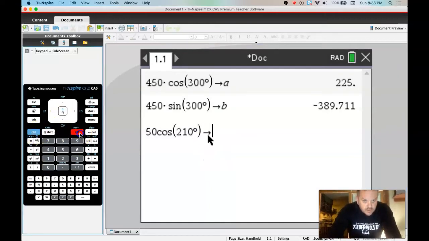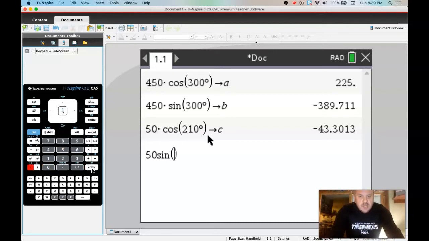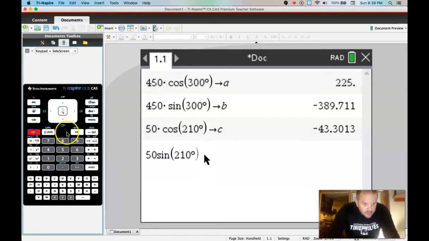I'm going to store it as C. Gets me negative 43.301 and 50 sine of 210 degrees, and I'm going to store that as D.